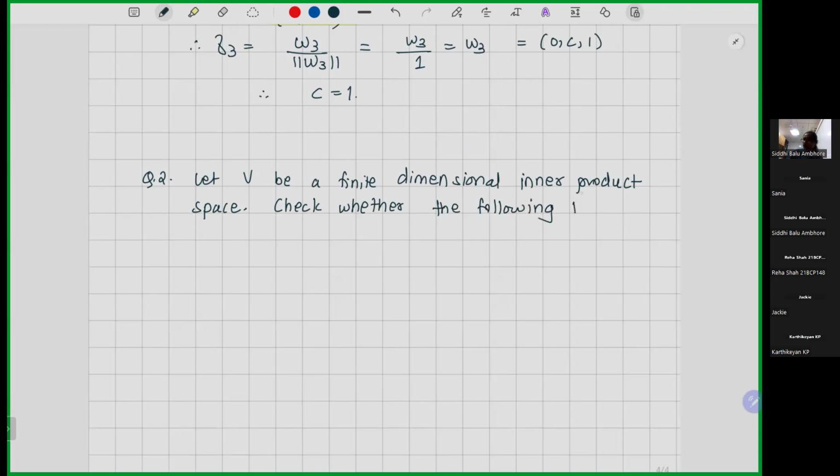Check whether the following statements are true or false.